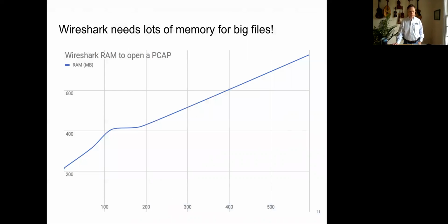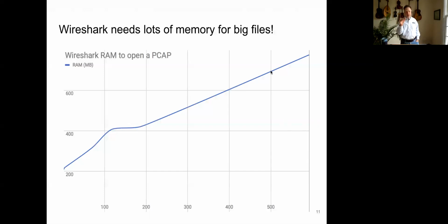The horizontal axis here is the size of the file, and the vertical axis, the dependent axis, is the amount of memory that was required on that version not long ago. So you can see here, if you've got a 200 megabyte file, the Wireshark process itself is going to use over 400 megabytes. If you've got a 500 megabyte file, it's going to use something over 600, maybe around 700 megabytes of memory. And so it's good to have a lot of memory.